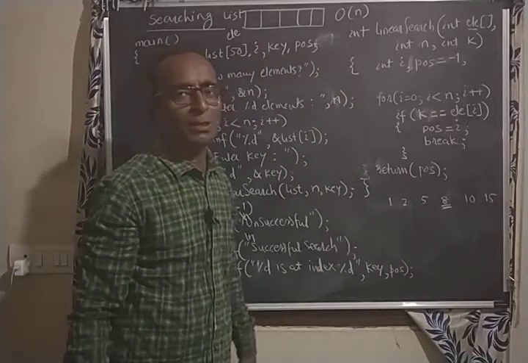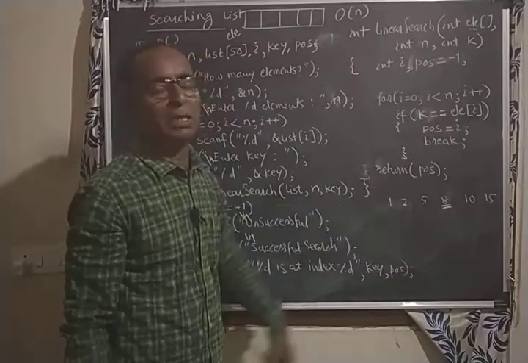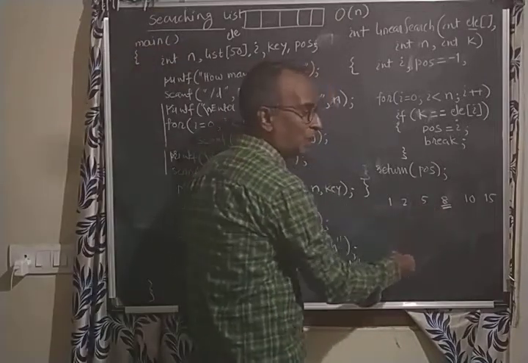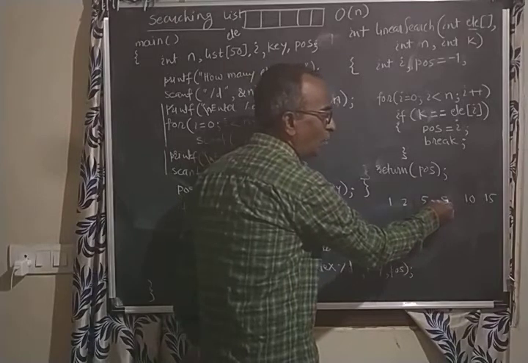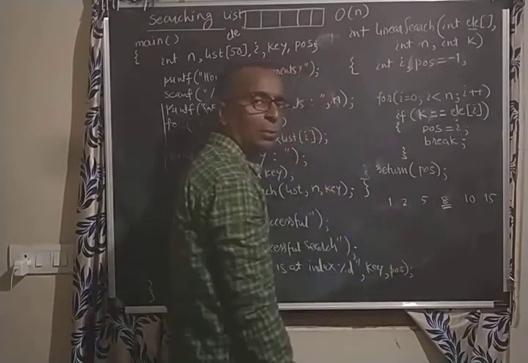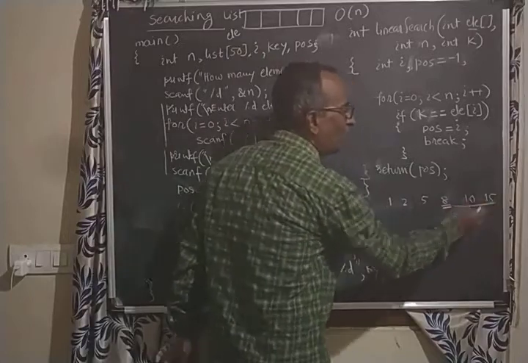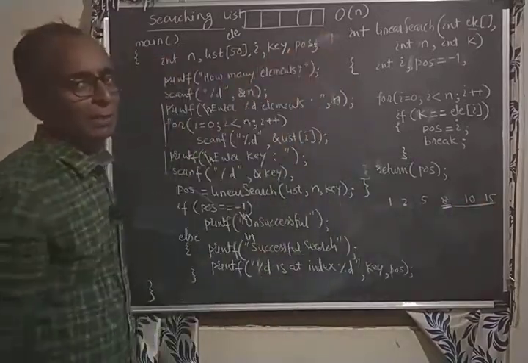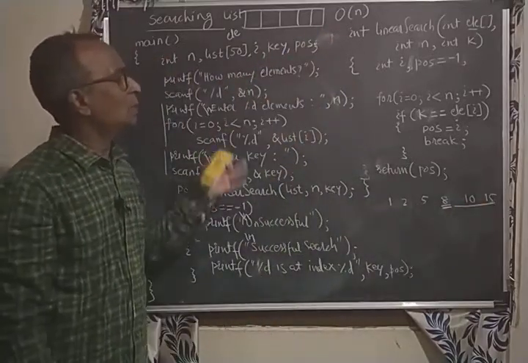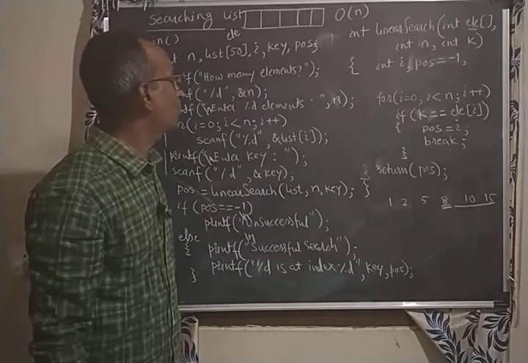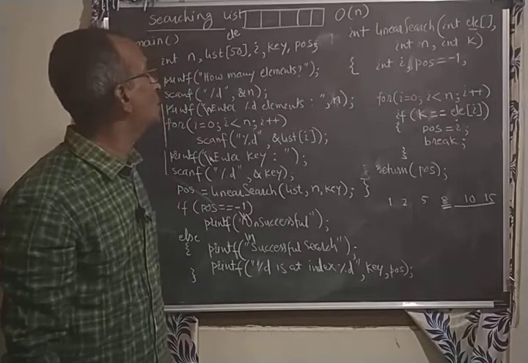So you can convert this linear search for the sorted list also: if you are searching for 7 and the element you are comparing with is greater than 7, definitely you won't find it in the rest of the list. So this is all about linear search.